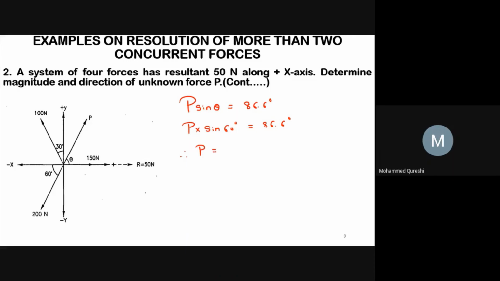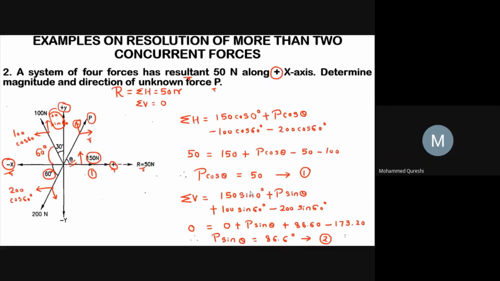Therefore, P equals 86.6 upon sin 60. Therefore, your P will be 100 Newton. So this way you may calculate the value of P as 100 Newton. Firstly, we had gone through sigma H.